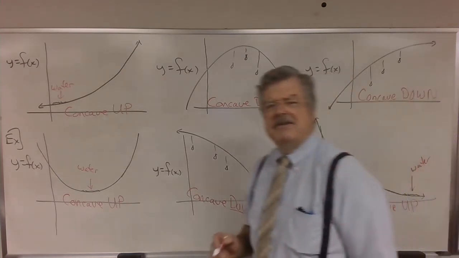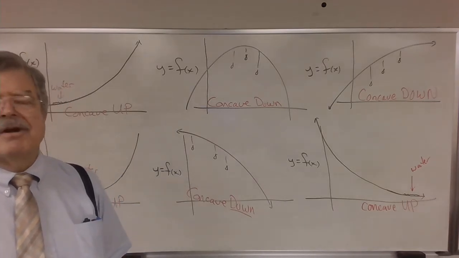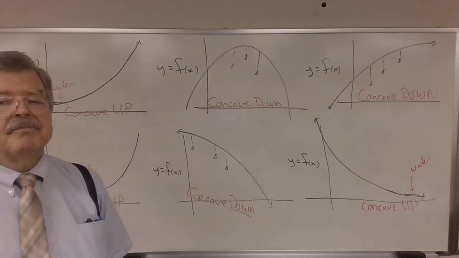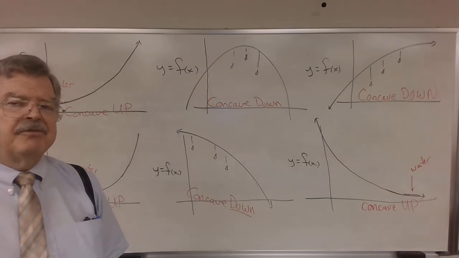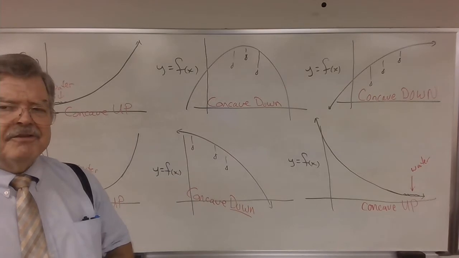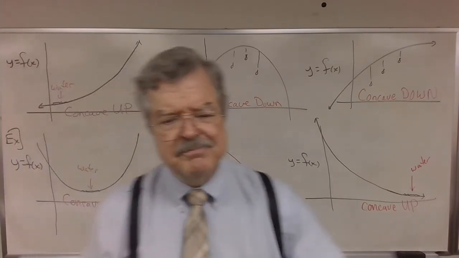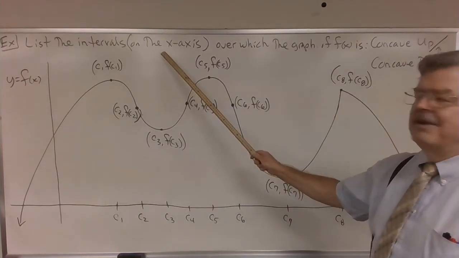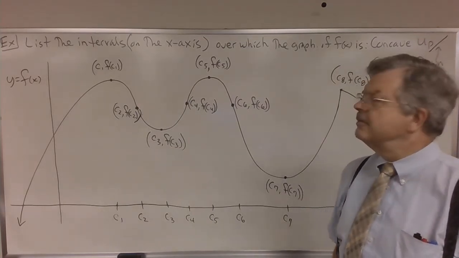So we have an idea what a function that's concave up or concave down looks like. Now sometimes the graph of a function can switch. It can be concave up some places, concave down other places. Let's take a look at a graph that has that characteristic. Here's a nice example, just something that we can do by inspection.